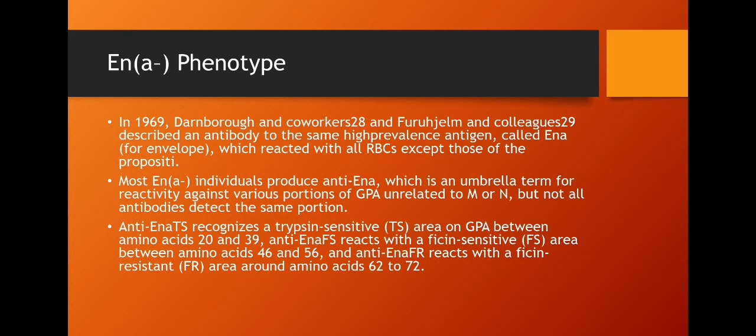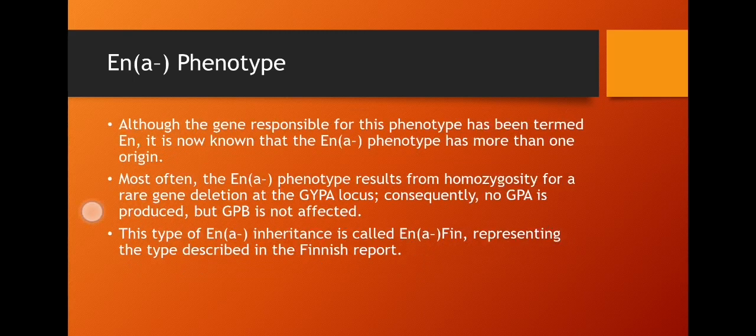Anti-ENaTS recognizes a trypsin-sensitive area on GPA between amino acids 20 and 39. Anti-ENaFS reacts within a ficin-sensitive area between amino acids 46 and 56. And anti-ENaFR reacts with a ficin-resistant area around amino acids 62 to 72.